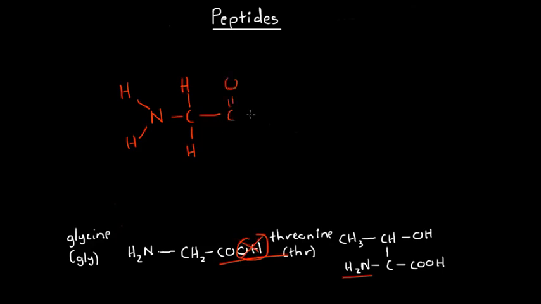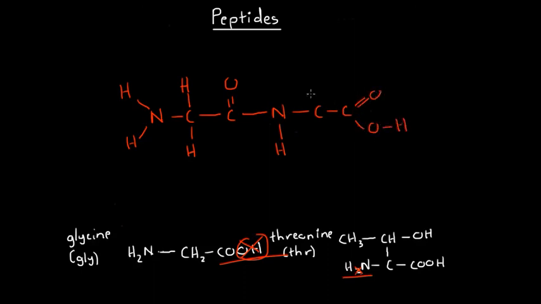So we're left with the C double bond O. We know that is going to bond straight to the nitrogen, like this. And this nitrogen is now only bonded to 1 hydrogen because one of the hydrogens has been split off. Again, the remainder of the dipeptide molecule remains the same as the amino acids that we used to produce it.